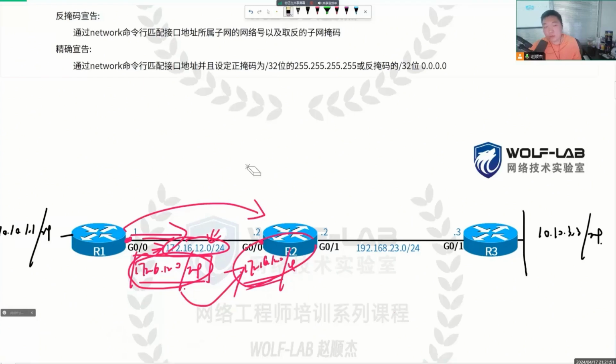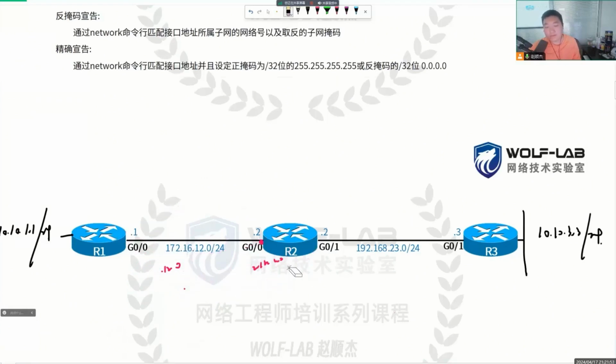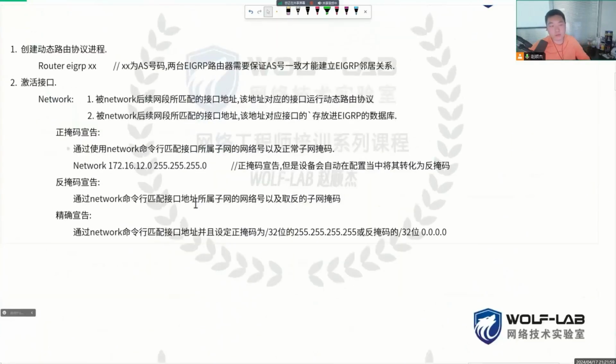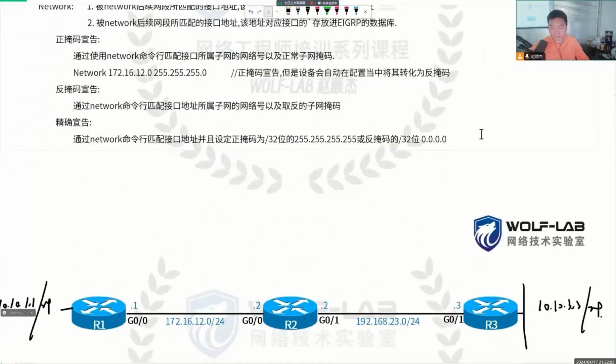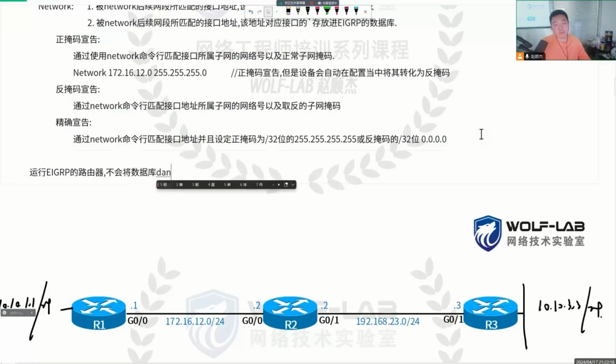So first, remember our announcement, the first point of the route entry. Then the router running EIGRP will not announce the directly connected route of its own interface from the current interface. Because it's very simple.